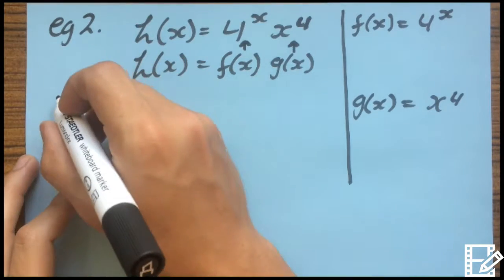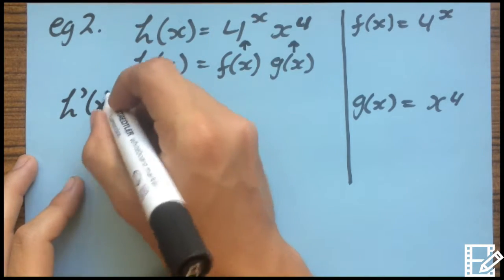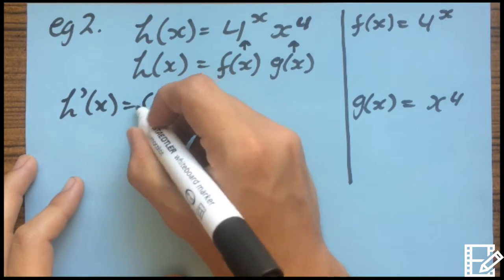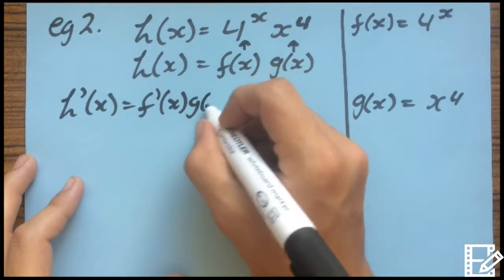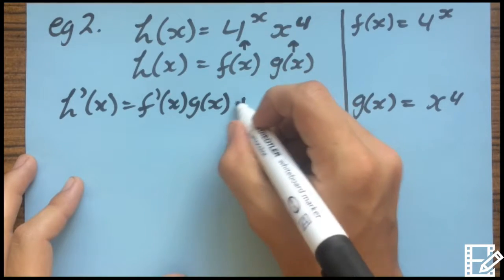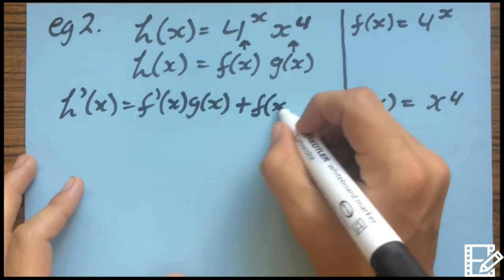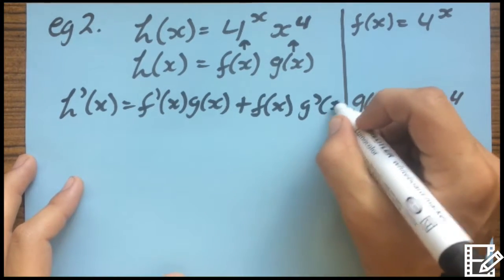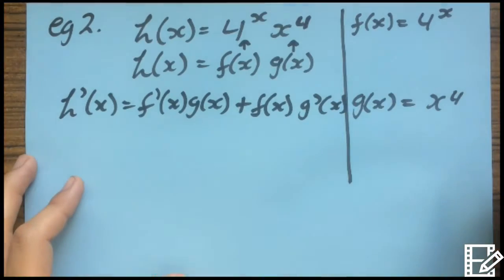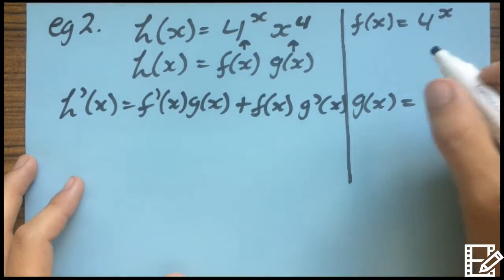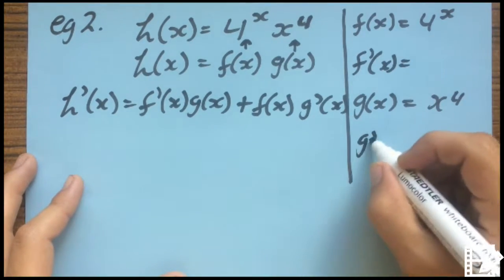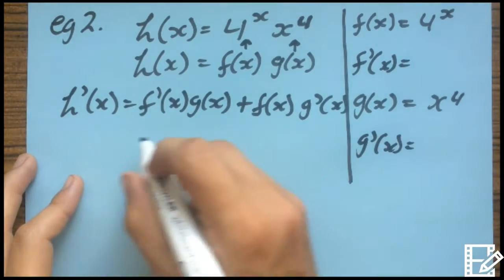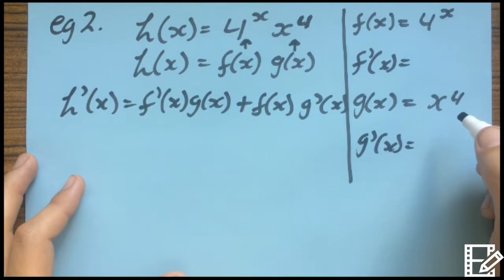So if we write out the derivative equation, what we get is the derivative of f(x) multiplied by g(x) plus f(x) multiplied by the derivative of g(x). This says we need to find the derivative of f(x) and the derivative of g(x) in order to complete this equation.